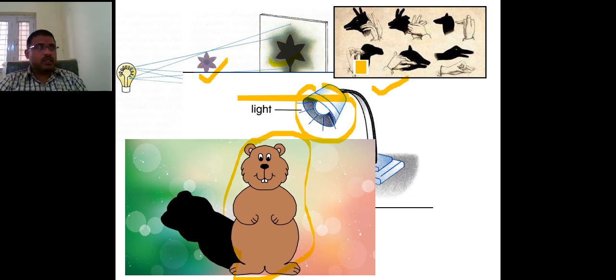The screen will be a wall, and if you make these pictures on a wall, you will get all these kinds of pictures on your wall by putting your fingers in different positions. These are the different situations where shadow pictures are made.